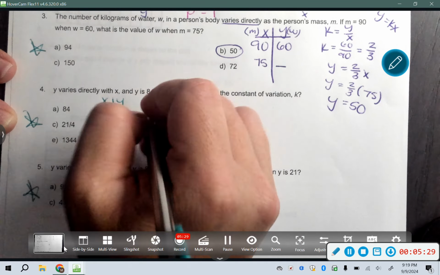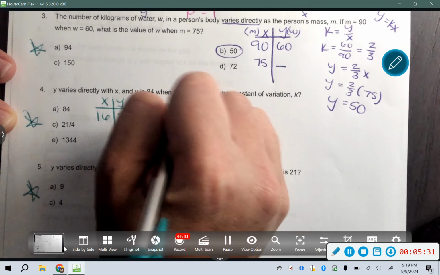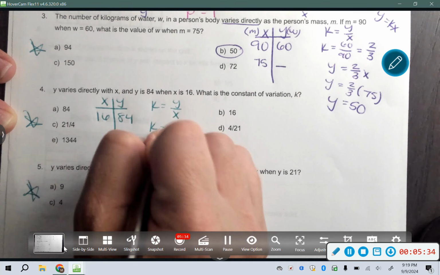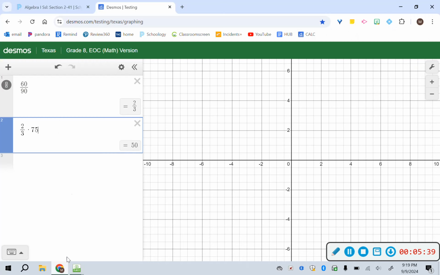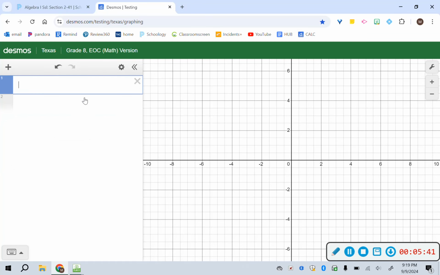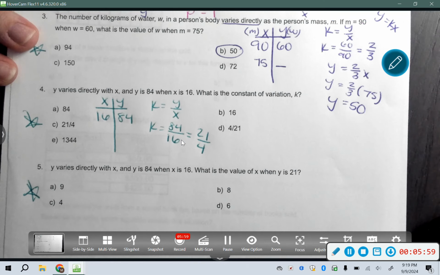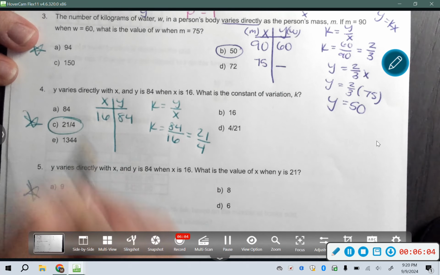So I'm just finding K, and I know K equals Y divided by X. So I'm going to take my Y, which is 84, divided by 16. 84 divided by 16 equals 5.25. But if you notice, my answers are in fraction form, so we're going to turn it into a fraction, and I get 21 over 4. So knowing that, my answer is C.